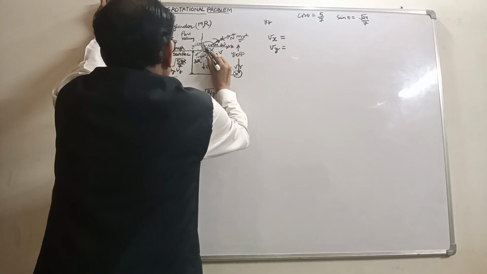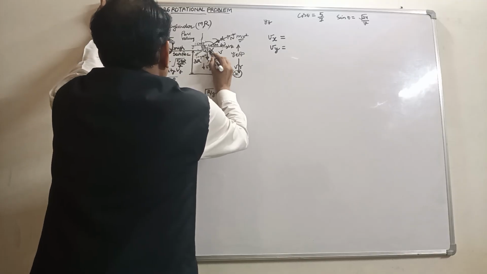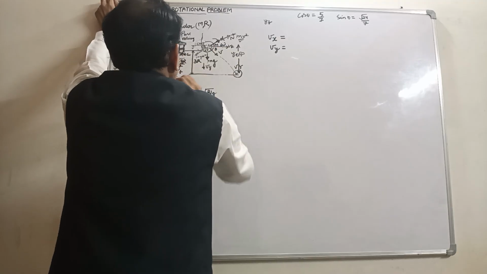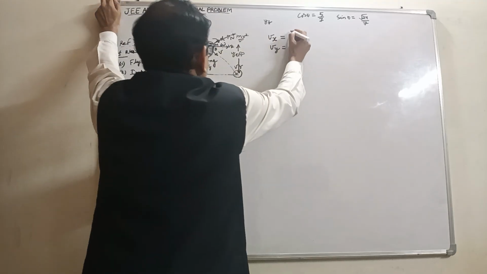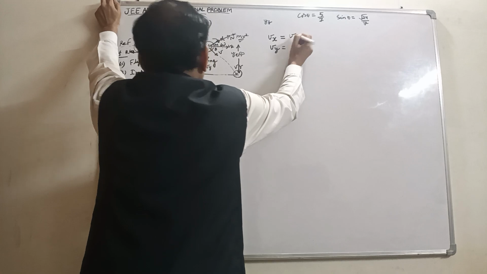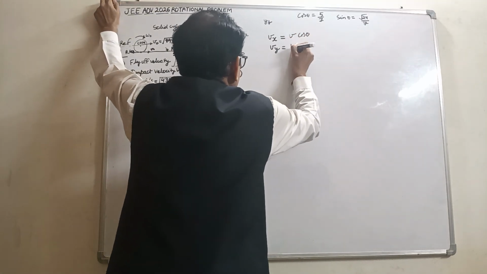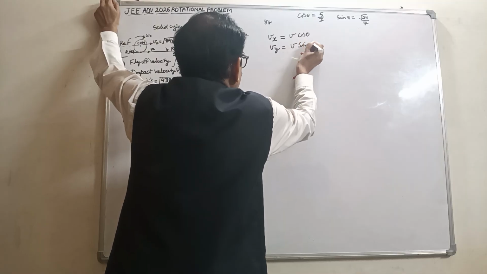So this angle is theta, this angle is 90 minus theta, and this angle would be theta. So velocity in the x direction would be v cos theta, and this would be v sin theta.